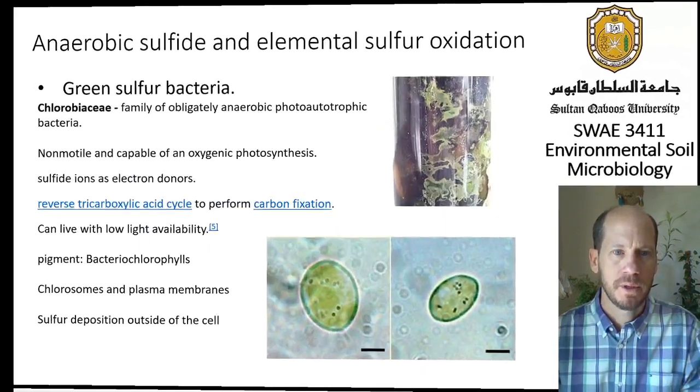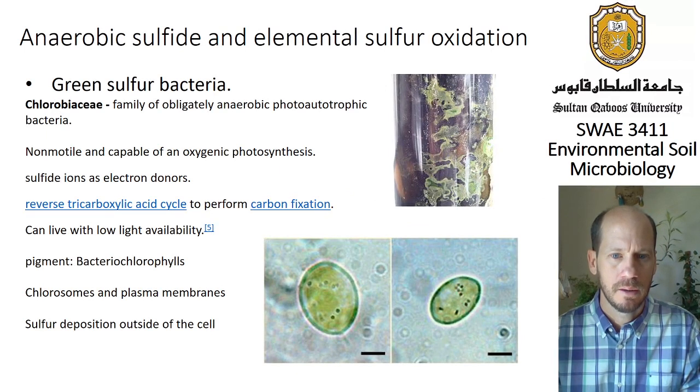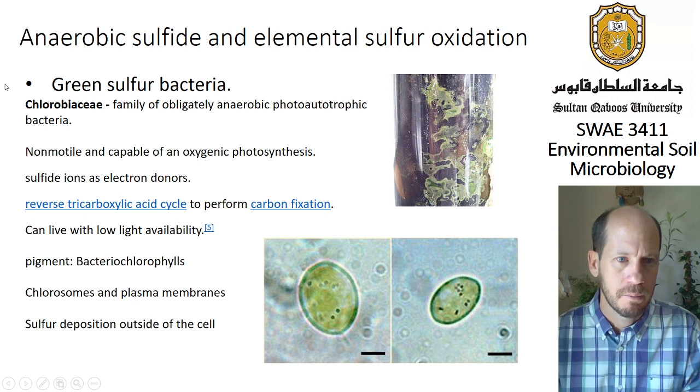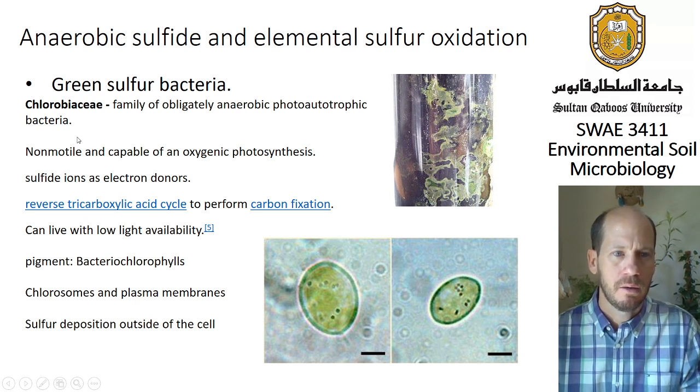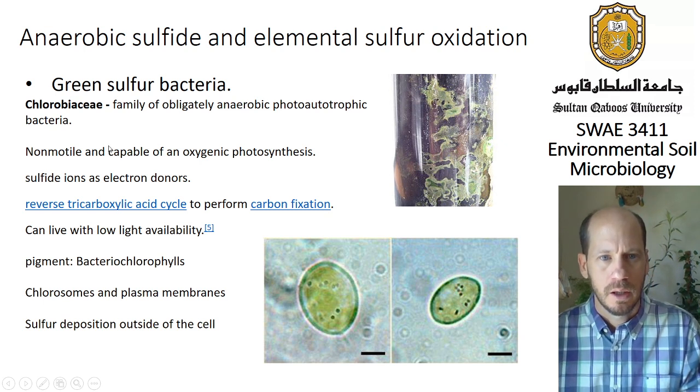The green sulfur bacteria are more tolerant to hydrogen sulfide than the purple sulfur bacteria. Mainly they are from a family called Chlorobiaceae. They are obligate anaerobes, and they're photoautotrophic. Also, you can call them photolithotrophic bacteria.